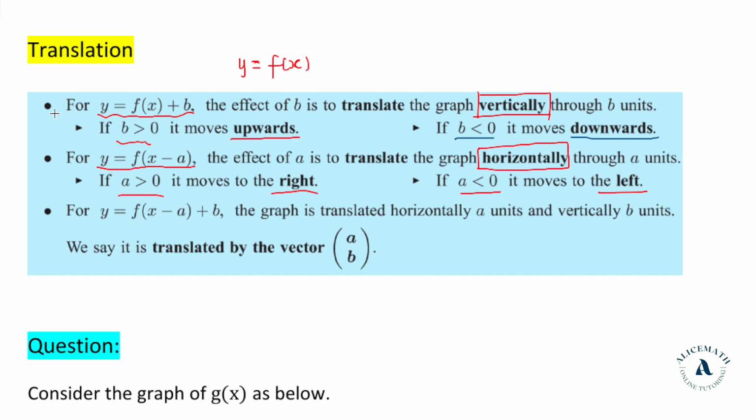If we combine the first two translations together, we can write y equals f(x minus a) plus b. Here, horizontally means to the left side a units, or right side a units.